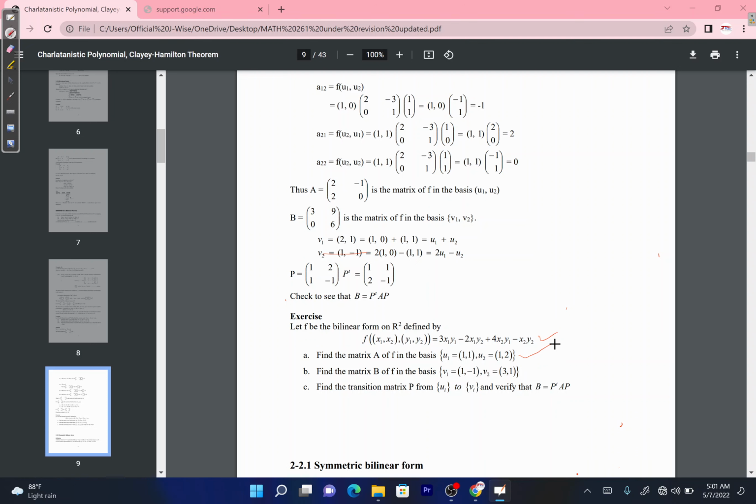That's part A. Second, we have to find matrix B in the basis v1, v2, and we are also to solve for the transition matrix P from basis ui to vi and verify that B equals P transpose AP. So you can pause this video and try your hands on this question.